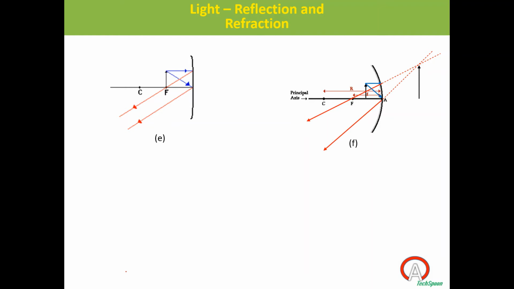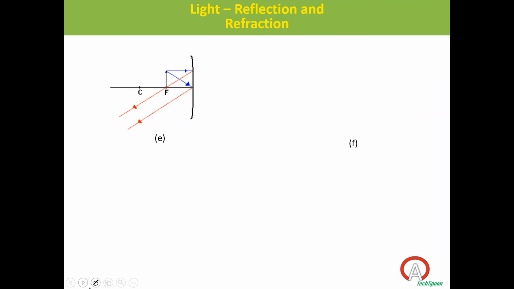Nature of the image means it is erect or inverted, enlarged or diminished. So 3 things: first is position, second is erect or inverted, and third is enlarged or diminished image. Diminished means reduced. These 3 things you have to find out for all the 6 different positions.